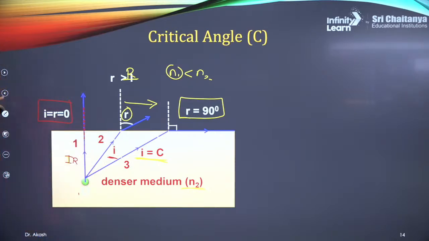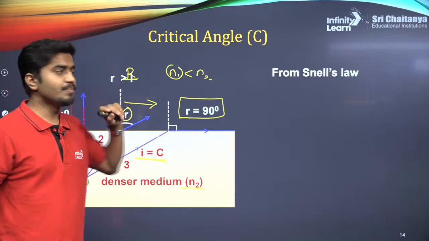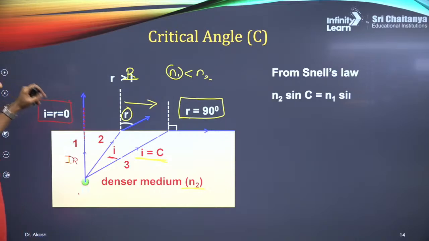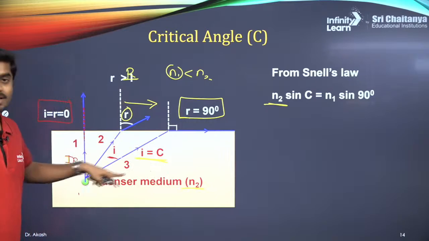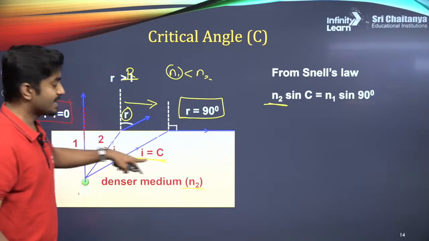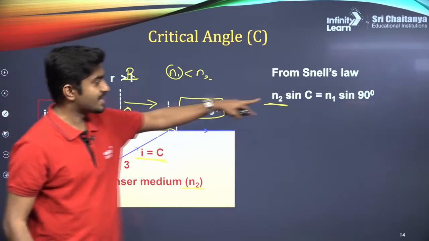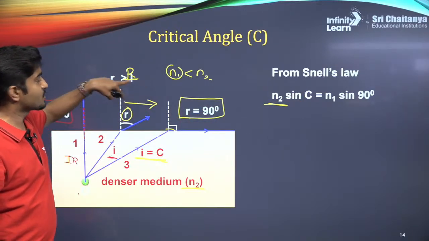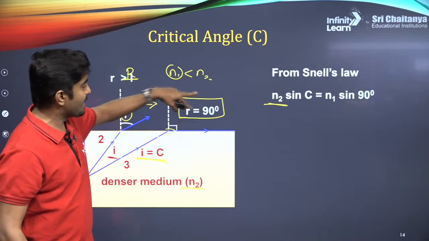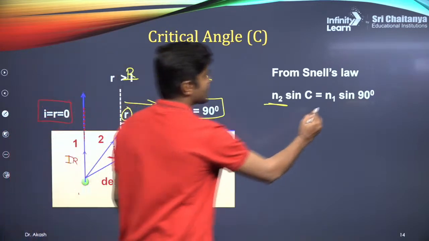Okay, so in this case, let's write down the equations from Snell's law. Snell's law says N2, the refractive index of the denser medium, multiplied by sine of this angle, sine C, should be equal to N1, the refractive index of the rarer medium, multiplied by sine 90. But do you know what is sine 90?